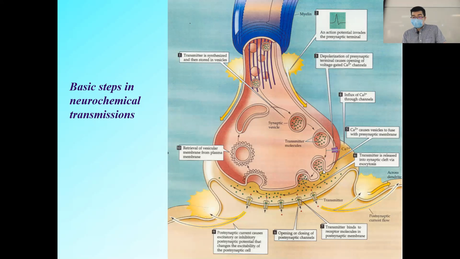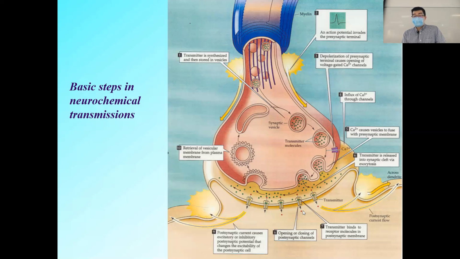The calcium triggers the release of the neurotransmitter, and then the neurotransmitter will diffuse through the synaptic cleft, okay? And then that will bind to the receptors, depending on the receptor. We will talk about the receptors starting from the next sections. Now that will depend on which type of receptor.